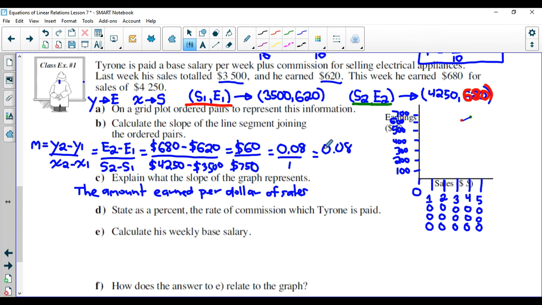Okay, so that's what the slope of 0.08 represents. It's telling you how much he earns in dollars per dollar of sales. So that's 8 cents per dollar, which is not a whole lot.